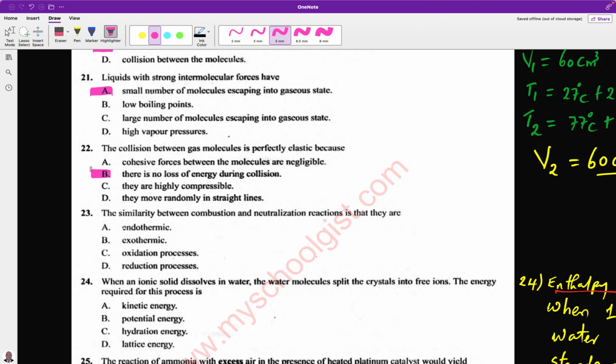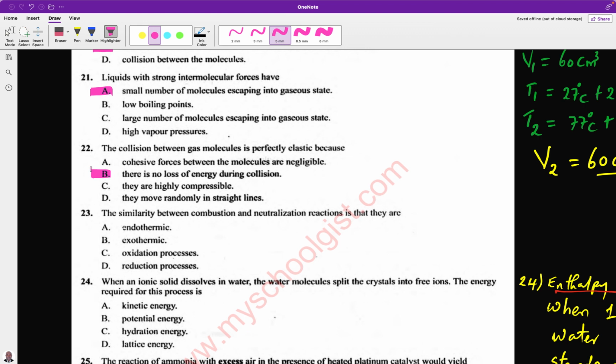Question number 23. The similarity between combustion and the neutralization reaction is that they are endothermic? Not appropriate.